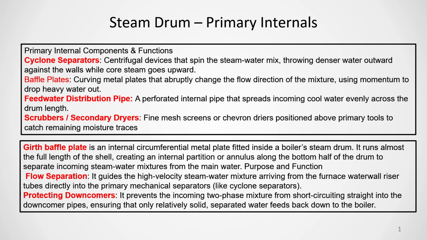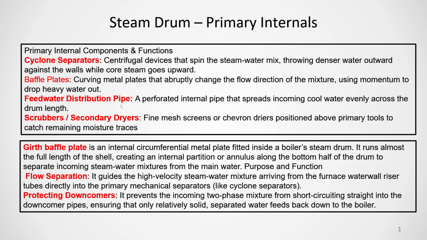Instead, the baffle plates allow the steam water mixture coming out from the perforated pipes to go to the cyclonic separator, where the water is separated and the steam goes out to the steam side inside the drum, and the water goes to the drum bottom. The main purpose of the baffle plate is to cover the feed line, which has perforated holes, so that the water will not go directly to the downcomer. It will go through the cyclonic separator.